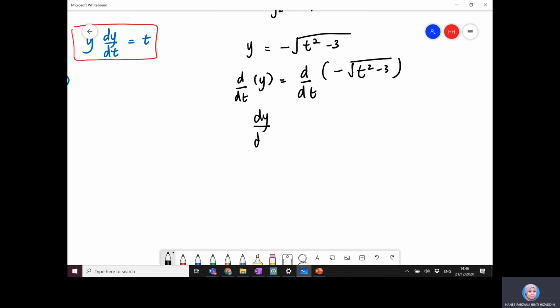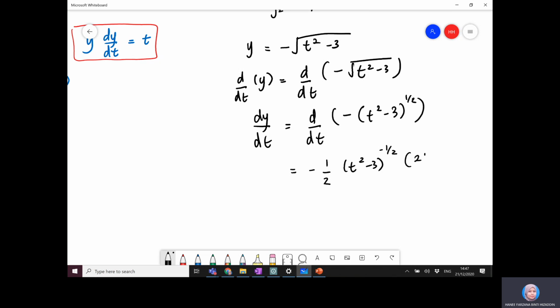So dy/dt equals d/dt, I mean, whenever there involves a square root, I prefer to put it as power of 1/2. So d/dt of negative, okay, negative 1/2 times t squared minus 3 to the power of negative 1/2, and also differentiate the inside, you get 2t.